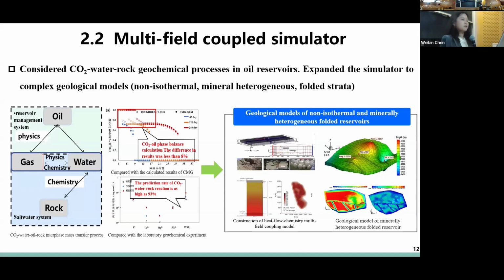After finishing the software development, and after verifying this software by comparing with CMG and with experimental results, we applied this software to many complex geological models, like non-isothermal. That means our software can be used for geothermal reservoirs, mineral heterogeneity, not only permeability heterogeneity, and soil structure.